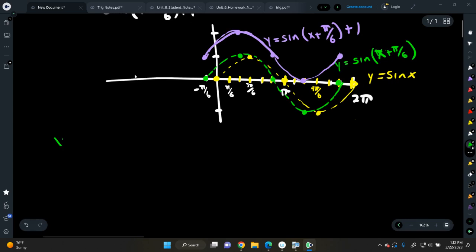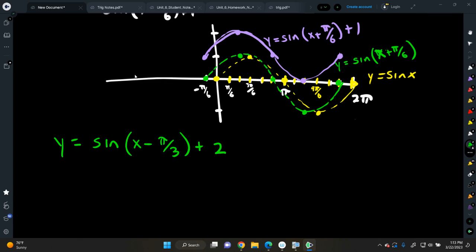Okay, let's do y equals sine x minus pi over 3 plus 2. So I'll give you a hint.